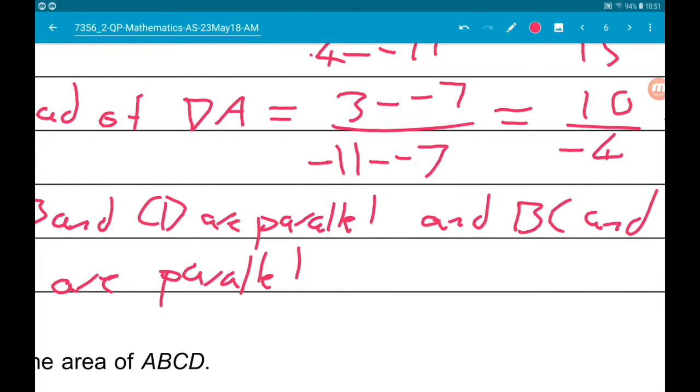So the reason that we know they are parallel, or that the pairs of lines are parallel, is because they have equal gradients.